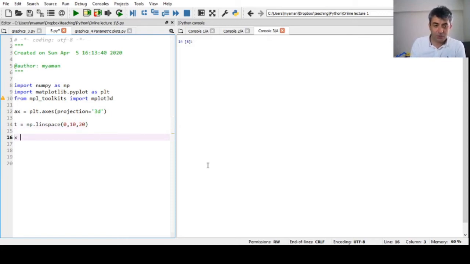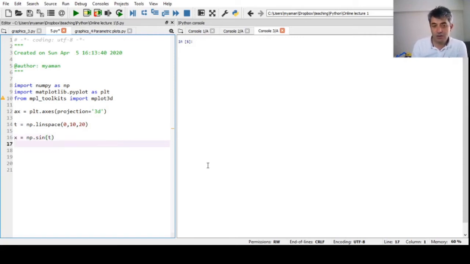My x coordinate, let's assume this is a particle moving in 3 dimensions. Let's say the x coordinate is a sine function. In other words, the particle is doing a harmonic motion in the x-axis. So it goes up to 1 and then comes back to 0 and goes to -1 and makes a harmonic motion here. So x is a sine function of t.